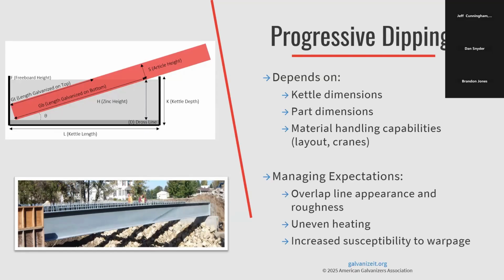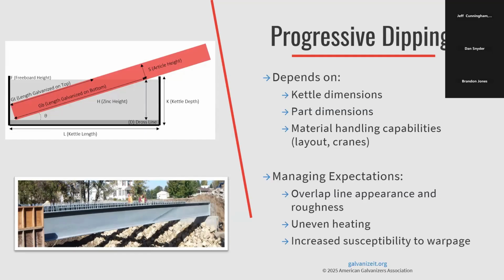A lot of times there is going to be an overlap line, just where it kind of gets double dipped in the middle because you're dipping one side, flip it over, dip the other. So there might be those overlap lines that are a little bit more rough. It could be a little bit uneven heating because you're taking one part all the way up to 830 degrees Fahrenheit, where the other part just stays ambient temperature.